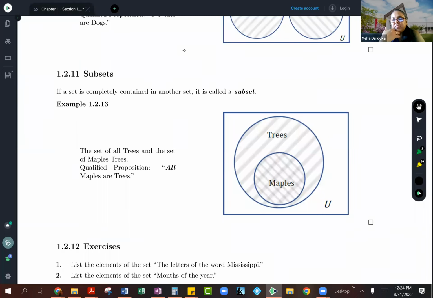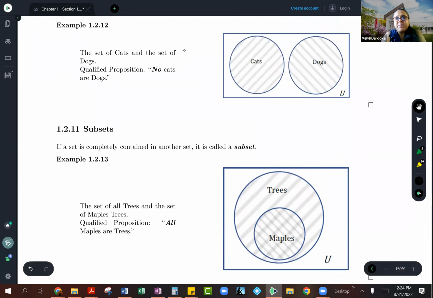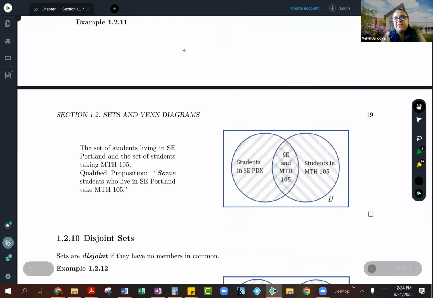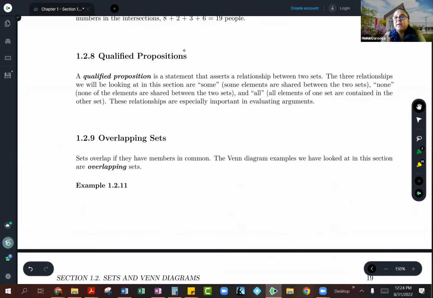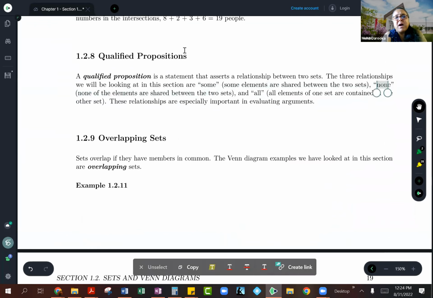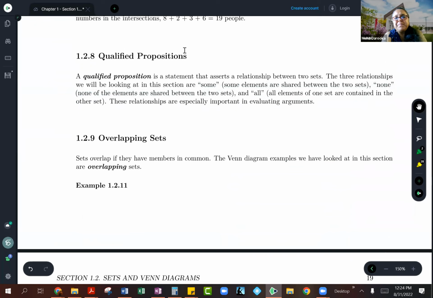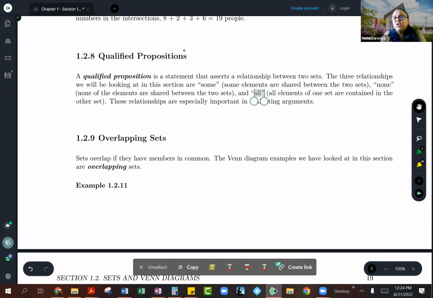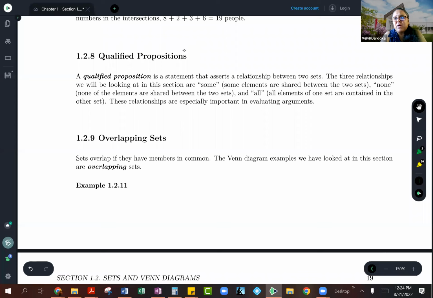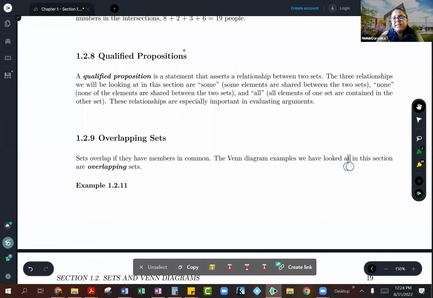So you have maples being a subset of the tree set, and your qualified proposition could be something like all maples are trees. That's how these qualifier statements work. Depending on which word is being used, some, none, or all, you would have different types of Venn diagrams.